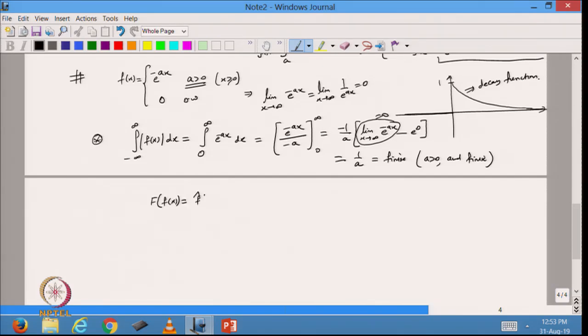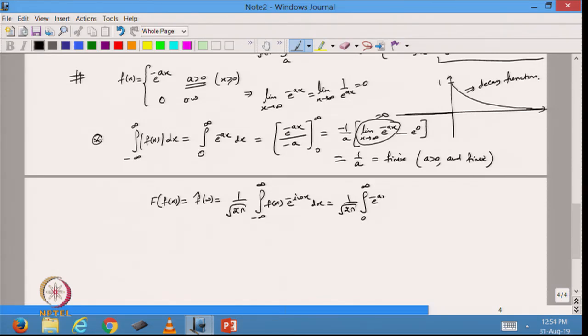So, this will be equal to F(omega) equals 1 over under root 2 pi, and then my function integral from minus infinity to infinity of f(x) e raised to power minus i omega x dx. Now I plug in the value of the function here. Its value will be from 0 to infinity only.